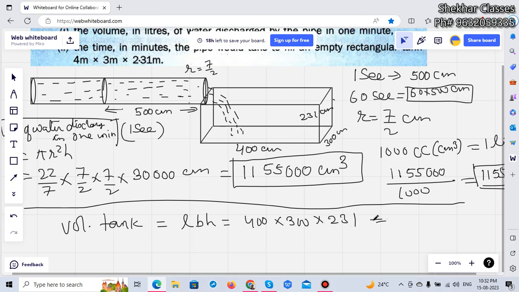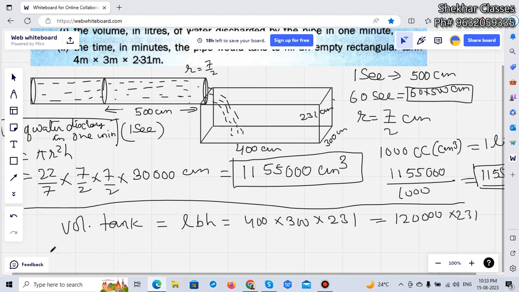And if you calculate this, 4 3s are 12. So whatever we get here, 12 and 4 zeros, right? So 12 and 4 zeros, and you multiply that with 231. That will give you how much?